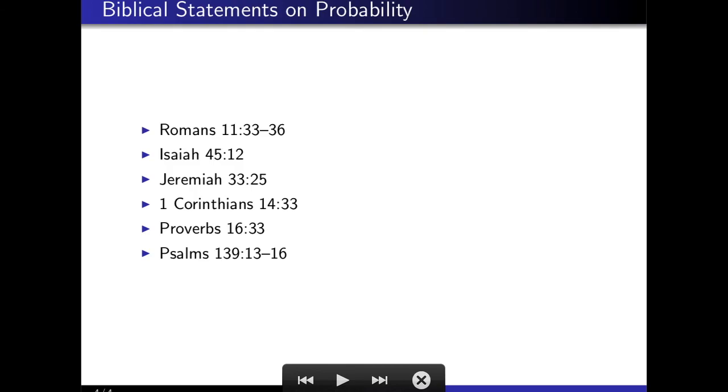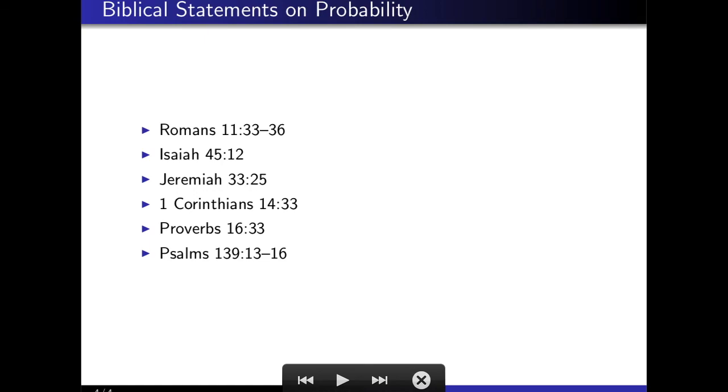And the idea that we see in Jeremiah 33:25 is very similar to this idea from both Romans and Isaiah. It's that God is creating and establishing a fixed order, in this case, a fixed order between the day and night, the heavens and the earth, and that it's God sustaining it.